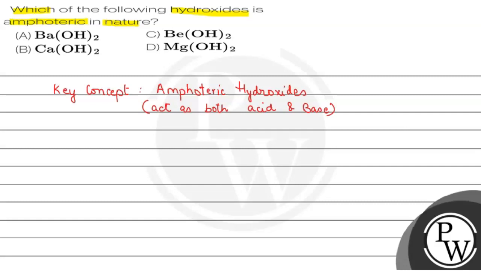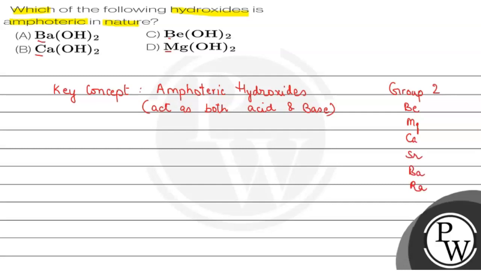अगर हम यहाँ पे अपने ऑप्शंस में देखें तो बेरियम, कैल्शियम, बेरिलियम एंड मैग्नीशियम they all are group 2 elements, that is alkaline earth metals, which constitute beryllium, magnesium, calcium, strontium, barium and radium.